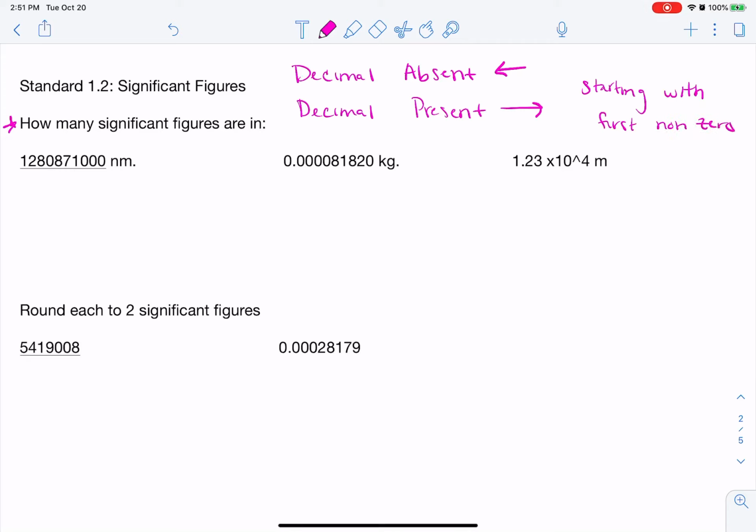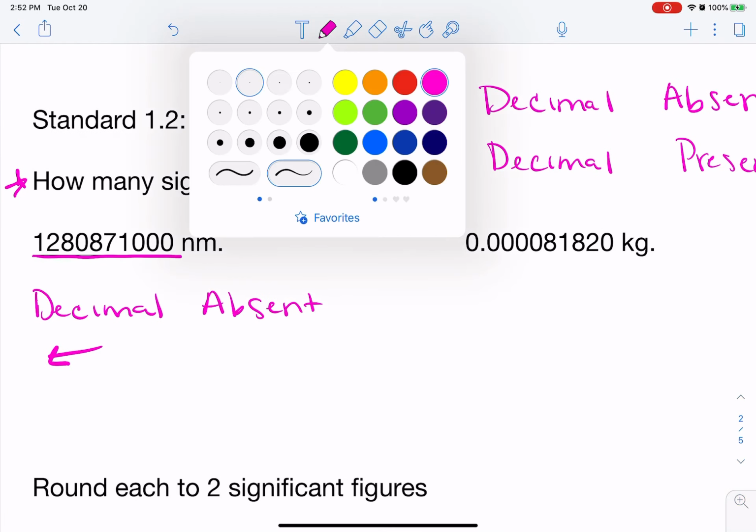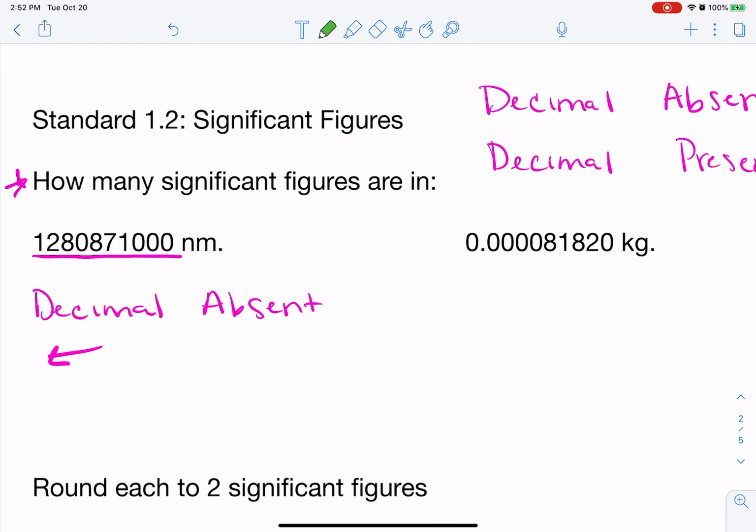Okay, so let's look at this first number here. This has the decimal point absent. So I'm going to start counting from the Atlantic side, the left side. So let's take a look. I'm going to zoom in a little bit. Okay, starting from this side, this doesn't count because it's a 0. This doesn't count because it's a 0.